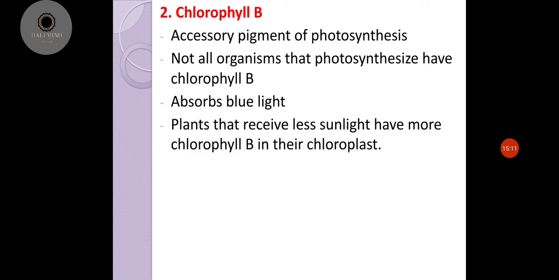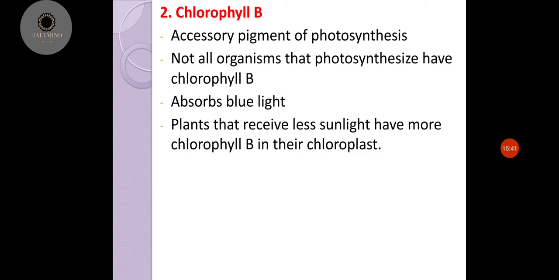So the shorter plants, the pigment they have more of, or chlorophyll, is chlorophyll B. Okay? Because chlorophyll B absorbs blue light, in which the blue light contains a lot of energy. So even though they only get a little light, it's blue light naman, okay lang din. So, plants that receive less sunlight have more chlorophyll B in their chloroplast.